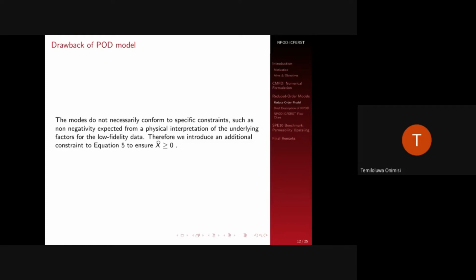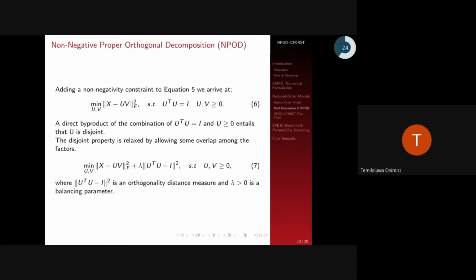So what we did was to add an additional constraint to the POD model, which is to enforce it to be non-negative, so that the low rank approximation X bar will be greater than 0. Next slide, please. And so adding the non-negative constraint to equation 5, we were able to arrive at equation 6.